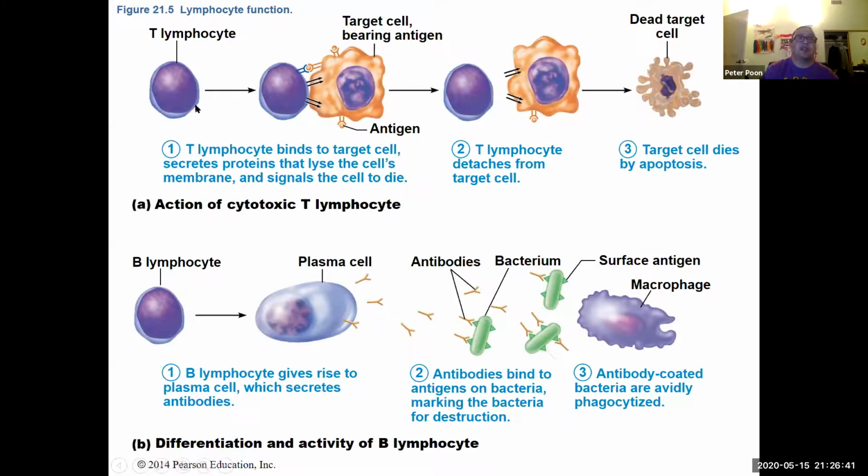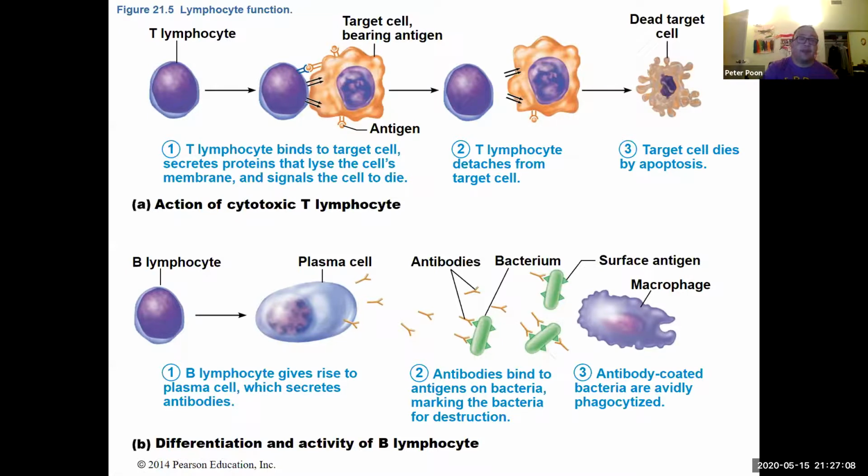So here you can see the picture that explains it all. So T cells bind to the antigen. You see how this thing looks like a little cup, and there's a little ball inside the little cup. That little ball is the antigen. The T cell will recognize the antigen, and if it recognizes the antigen, it will tell the cell to commit suicide.